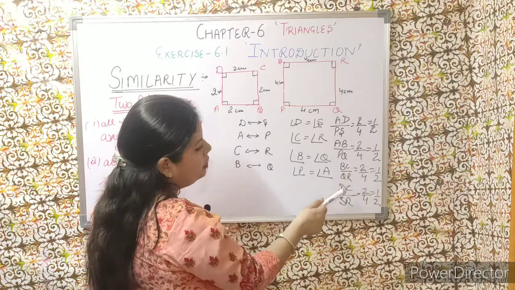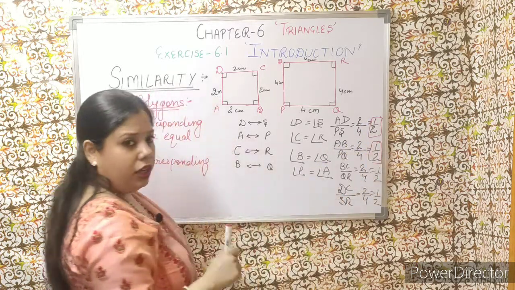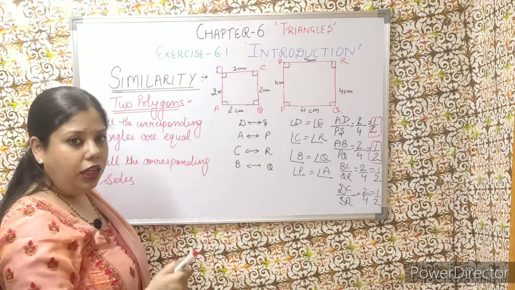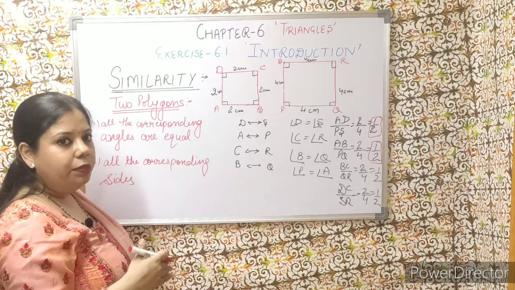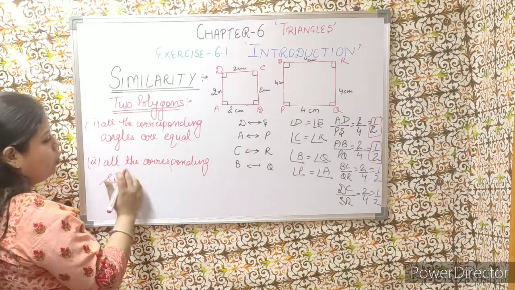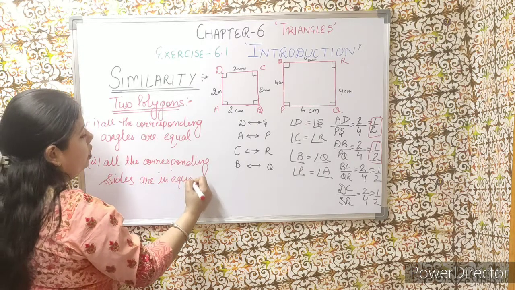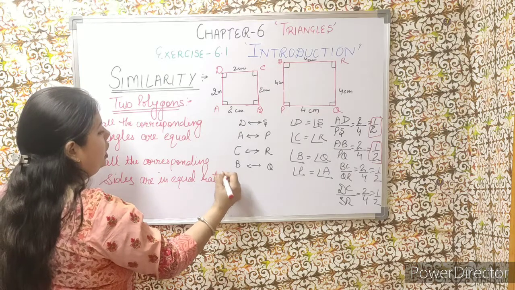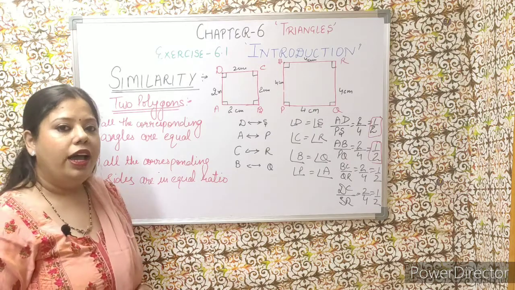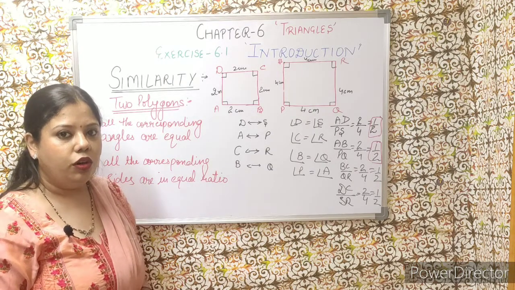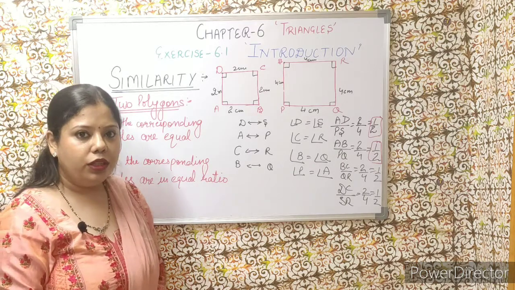All the corresponding sides have the ratio 1/2. So in congruency the sides are equal, but here in similarity the sides are not equal but they are in equal ratio. These two are the main points to be taken into consideration while we are talking about the similarity of two polygons. So here I end the video with this.